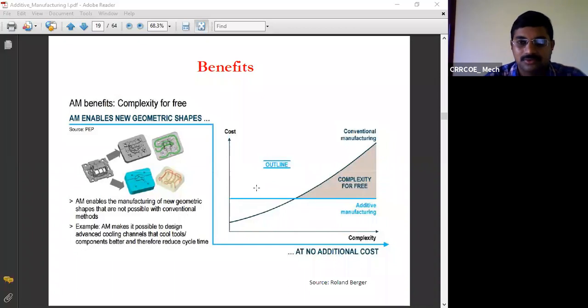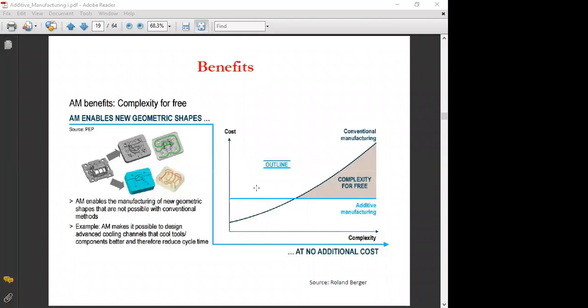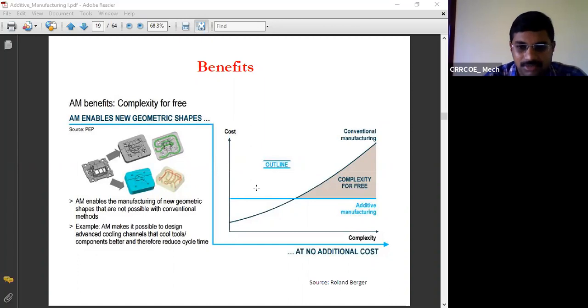We cool the tool because of the high temperatures developed, which lead to damage of the tools. All these things are eliminated in additive manufacturing. That is one of the benefits of using additive manufacturing.